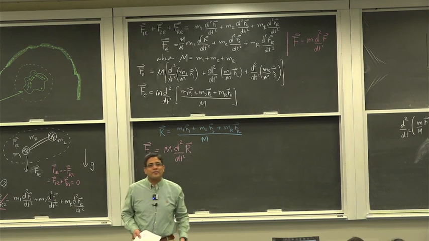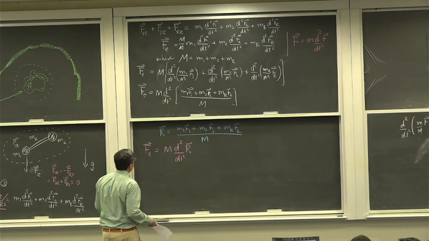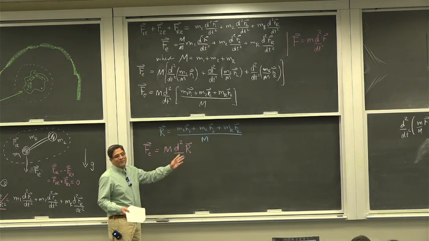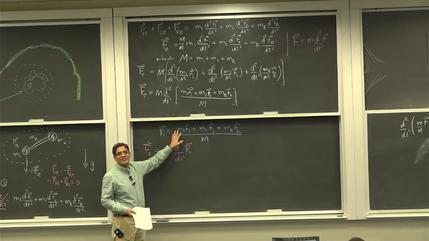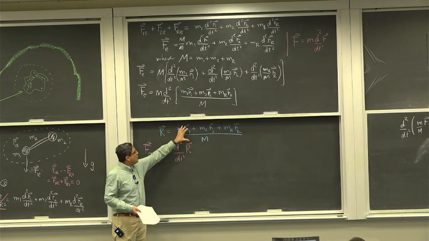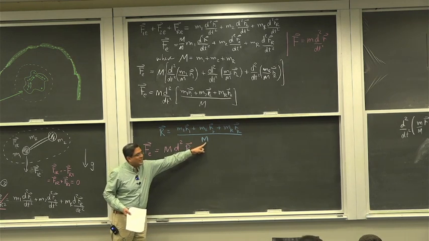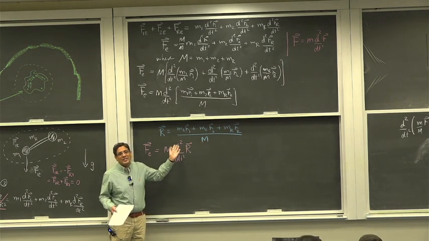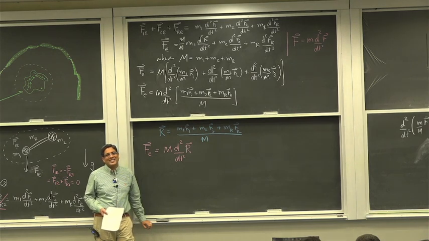Yes, please. Look, listen to me. This is the mass weighted average position because... what will be its dimensions? No, the dimensions of this whole object, are they of mass or of position? Then we are also dividing it by mass, so it is the mass weighted average position.